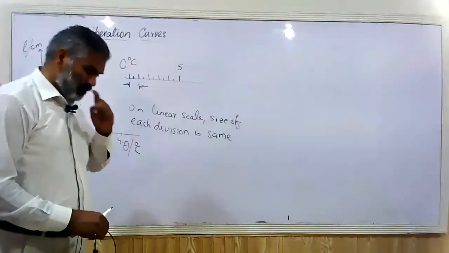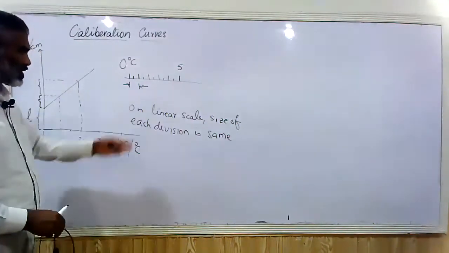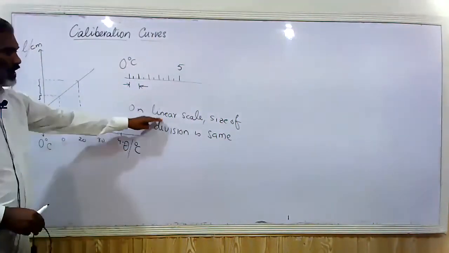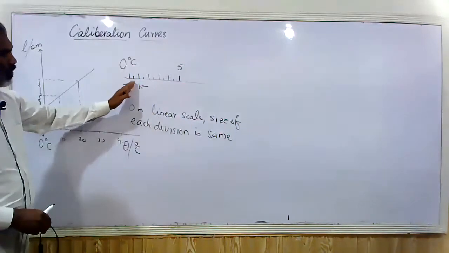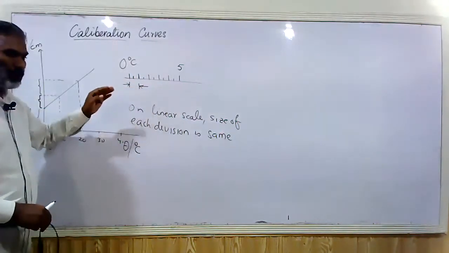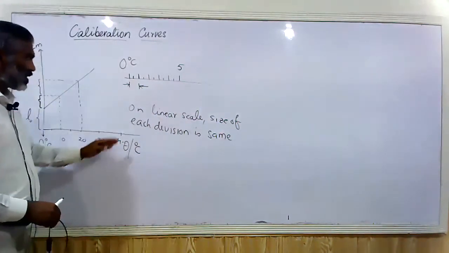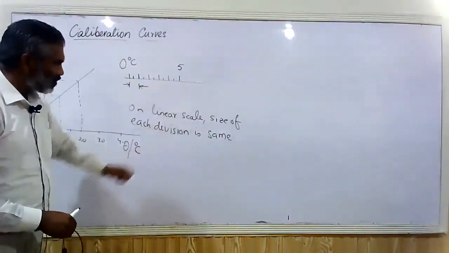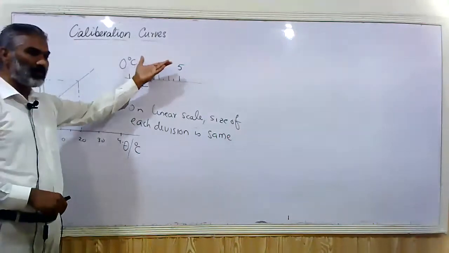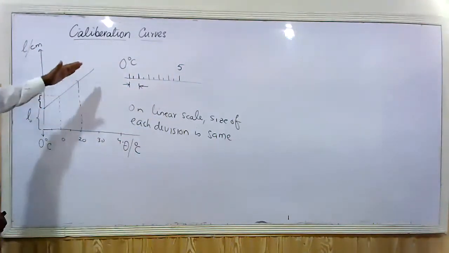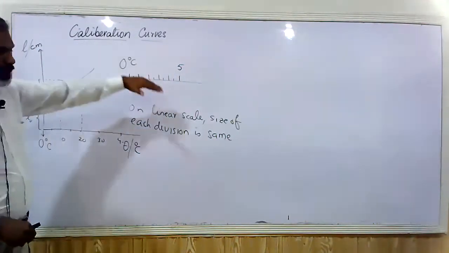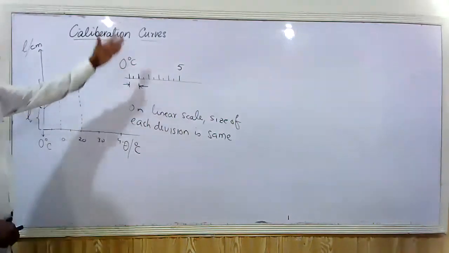I'm coming to an example of non-linear scale shortly. But on a linear scale, we know that all the subsequent changes with temperature will take place by the same amount. So that is why the line. So that means this is a general term. This curve could be a straight line. It could be a curve downward. It could be a curve upward.